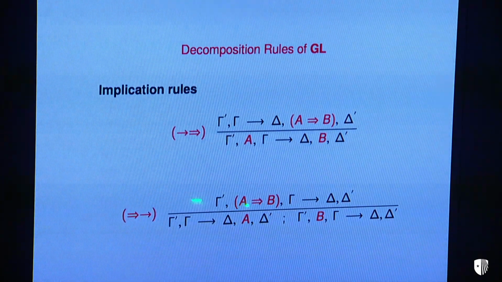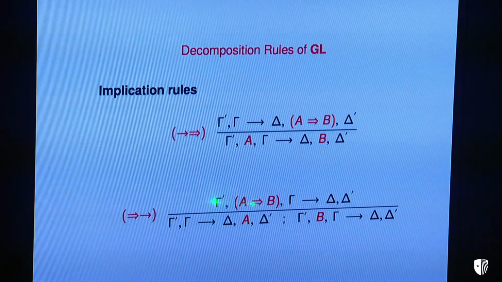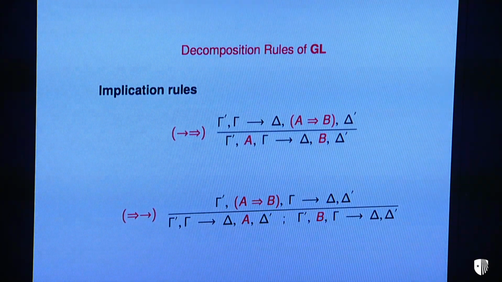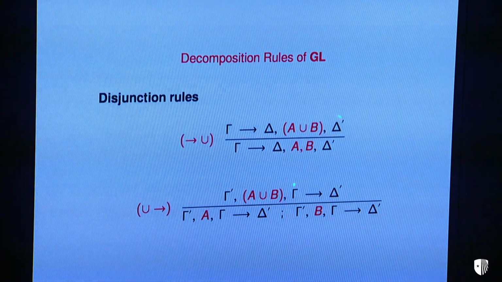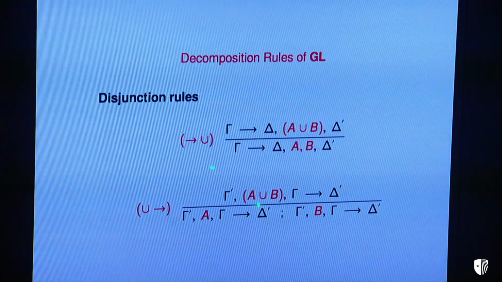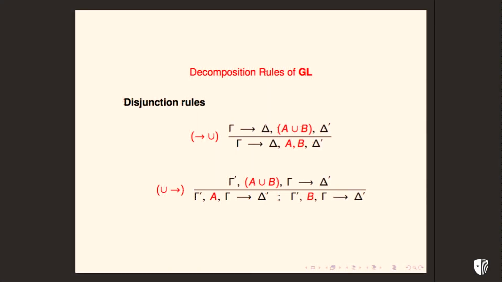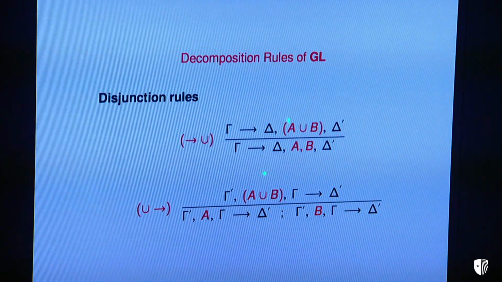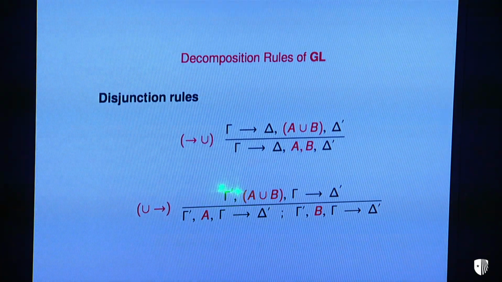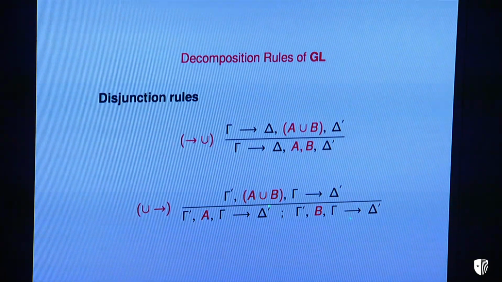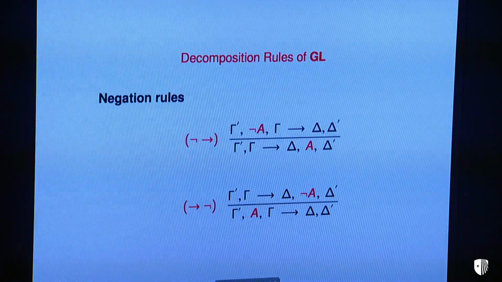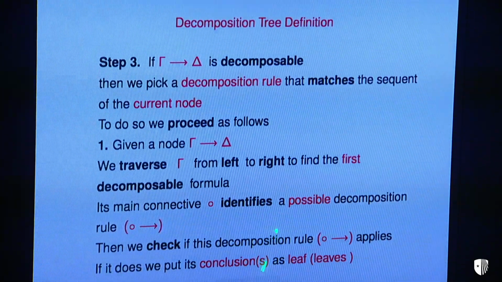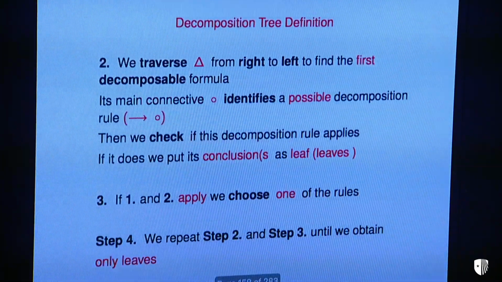If you have to find this, because this is gamma prime, you traverse from left to right. And that is for all the rules. You find the first formula which is decomposable, and you decompose the way the rule says to decompose. So that is the difference.